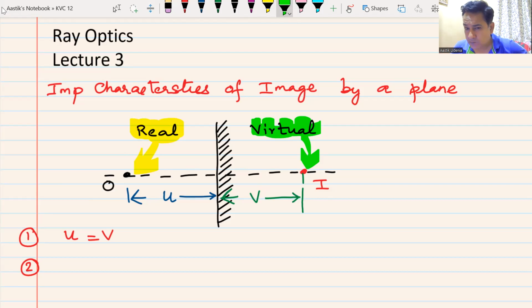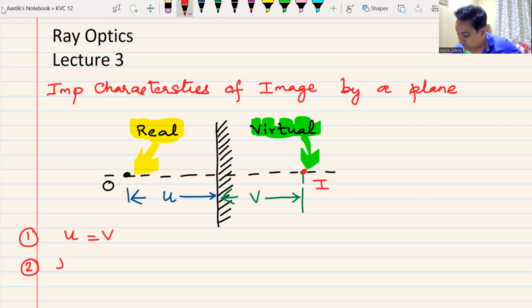Point of intersection of reflected rays is known as image. We know this. Real object will form virtual image. If the object is real, the image is virtual. If the object is virtual, the image is real.